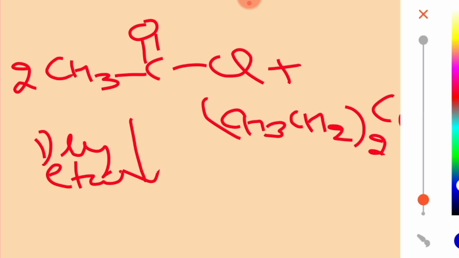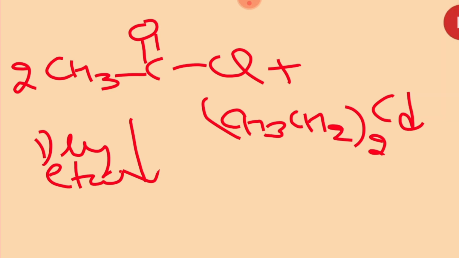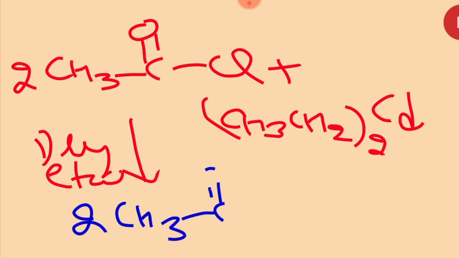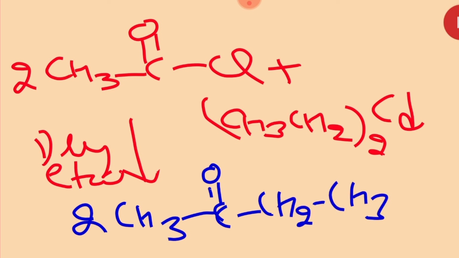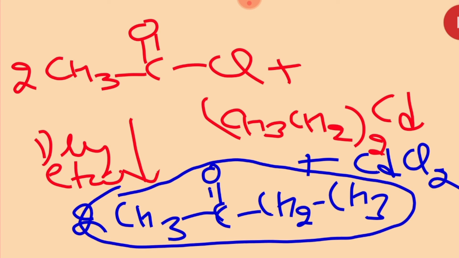Then what will we get? 2 moles of CH3COCH2CH3, plus CdCl2. Clear? We have formed the ketone.